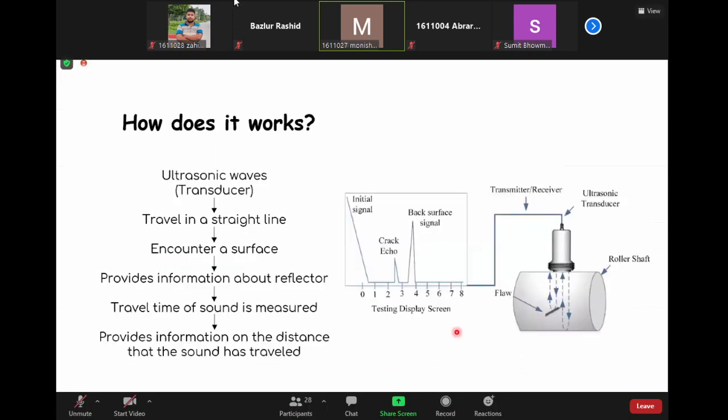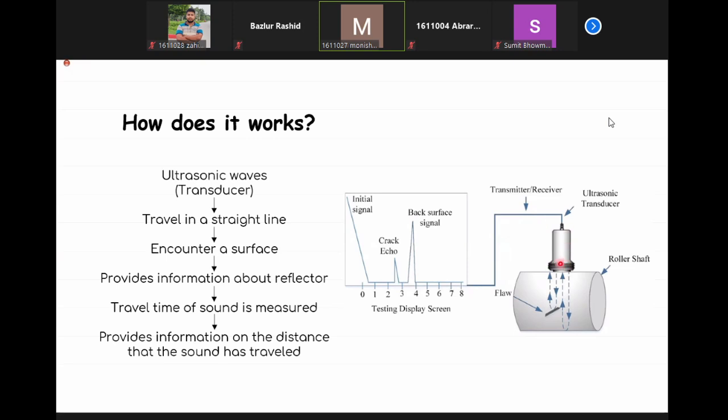The next one is ultrasonic inspection. In this process, we use a transducer. It sends a signal and analyzes the reflected signals and gives the output like this on an oscilloscope. By analyzing the magnitude and the shape of the signals, we can detect if there's any fault or crack.